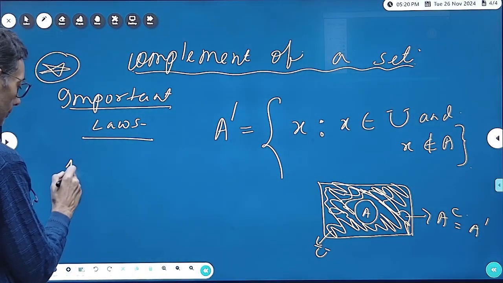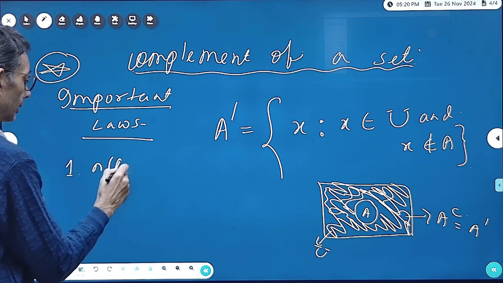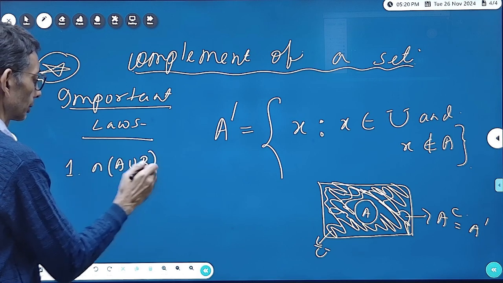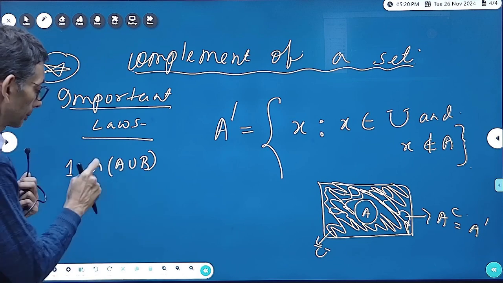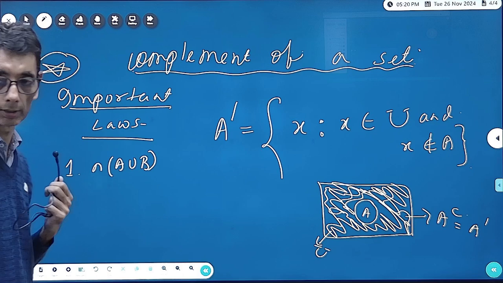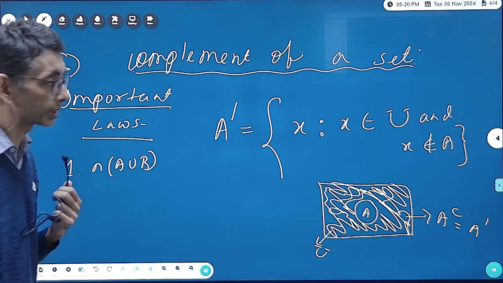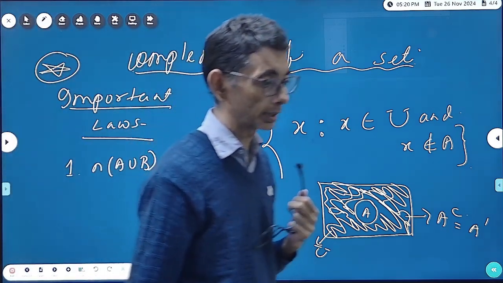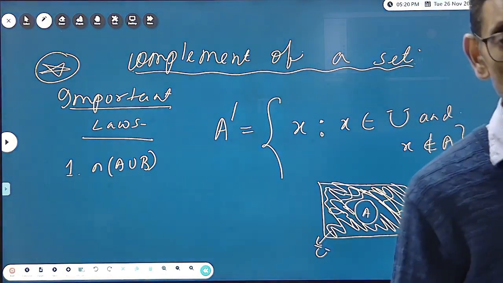1. n of A union B, if you write this, it is called the cardinal number, meaning the number of elements in A union B. What is a cardinal number? Cardinal number means the number of elements contained in a set.